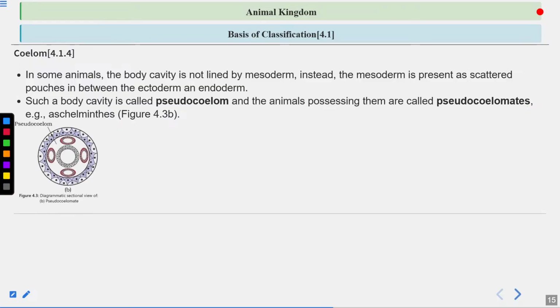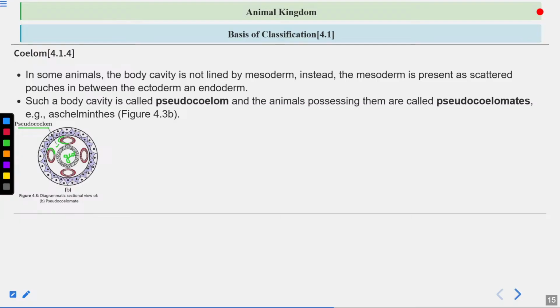Roundworms. So you see the pseudocoelom, the body cavity. This is the gut. Does the outer lining of the gut have the mesoderm layer? No, they are not having it. But here you can see, this is the mesoderm layer. Again, on this side, the mesoderm is not present.